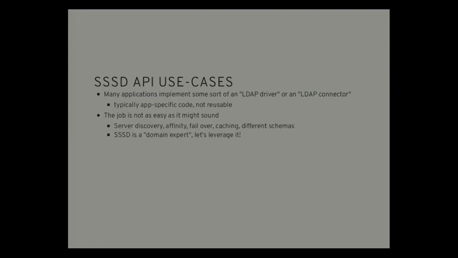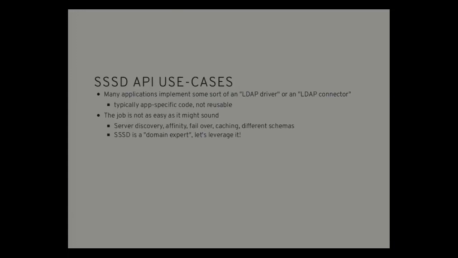This sounds easy, and it's easy to do in some trivial way. You just bind to LDAP, read the data, display it. But doing it correctly, there are a lot of details that you might not even know about in the first place, much less solve.